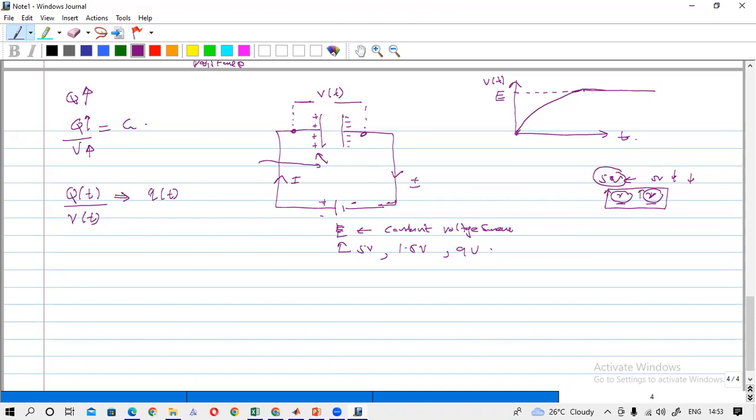So Q(t) divided by V(t) is equal to nothing but C. It is the same thing. I just emphasize that this Q is changing; it is not a constant.